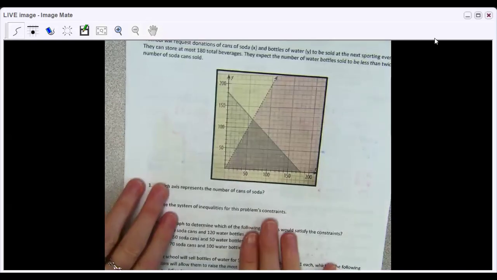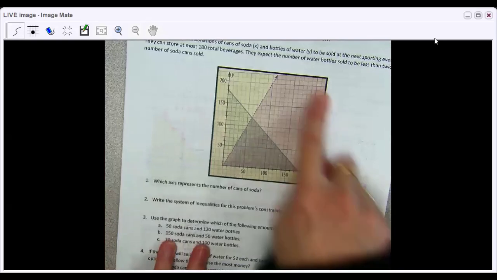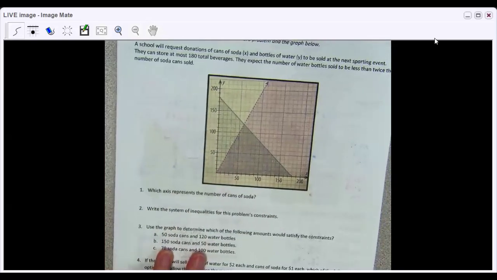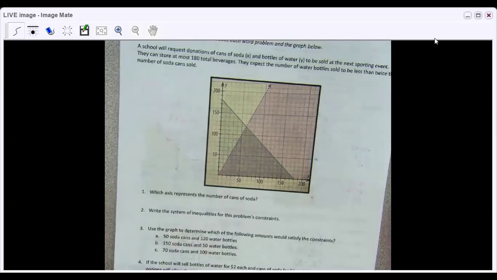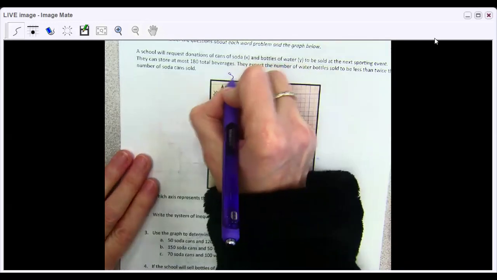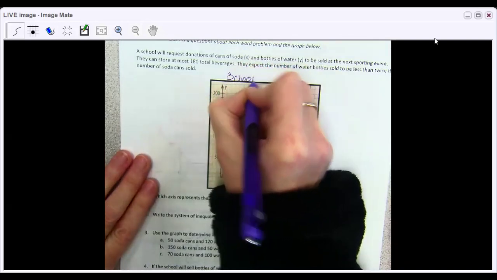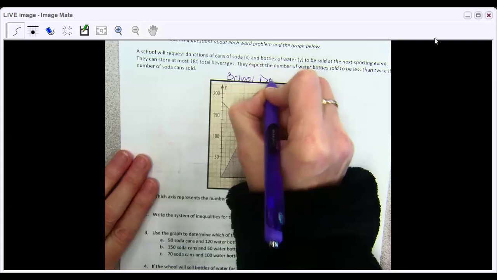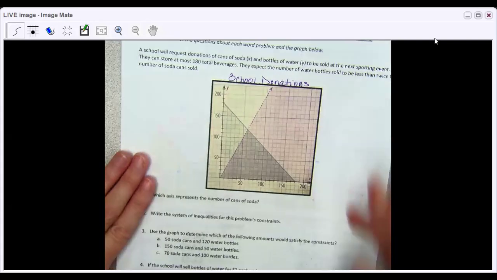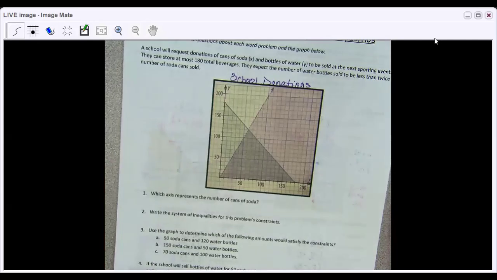Before we begin, let's fill out the graph. What are they missing on this graph? Yeah, the labels. So let's go ahead and label this. We can label it school donations. And we're also missing the X and Y axis.